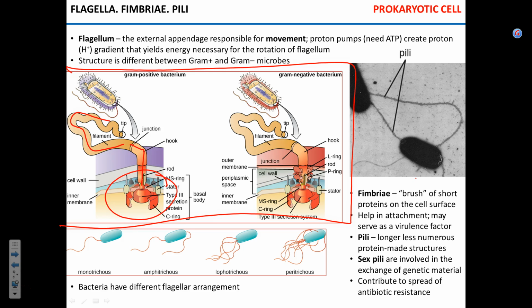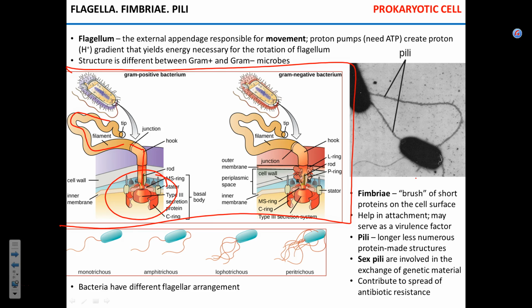If you imagine that my hands are the motor, this is the hook, and this is the filament, this is how it works, just like a propeller. Structure is slightly different between gram-positives and gram-negatives because of the different cell wall structure.